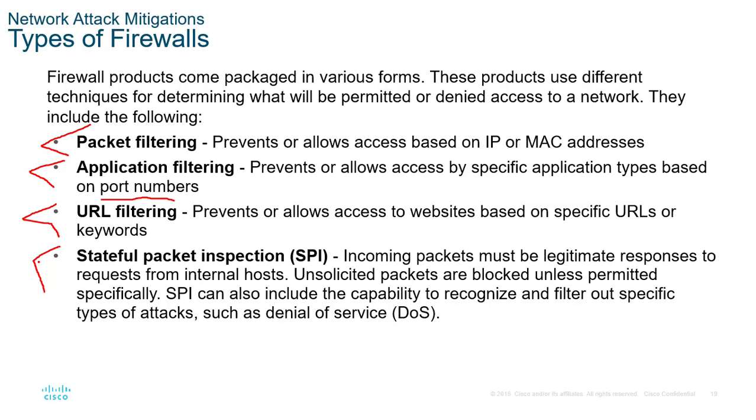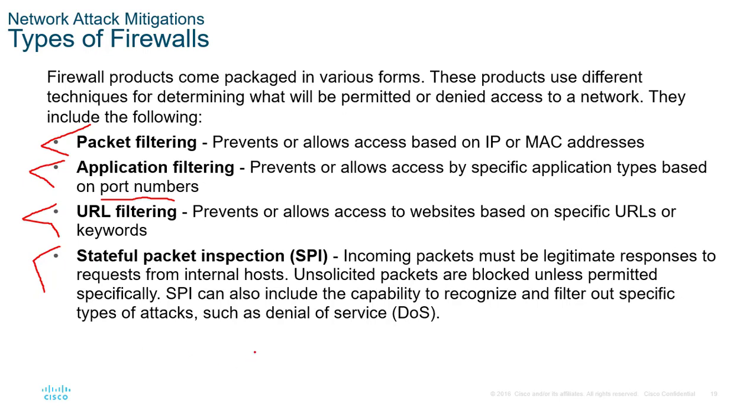Unsolicited packets from the internet, for example, are blocked unless permitted specifically by the firewall rule set. SPI, or stateful packet inspection, can also include the capability to recognize and filter out specific types of attacks, such as denial of service attacks.